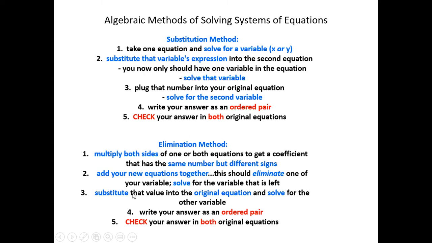Elimination: you want to get two variables that are the same but with different signs, and then you can add the equations together to eliminate one of those variables, solve for that variable, and then plug it back into the original equation to get both variables. Like I said, I'm not going to go through a big long explanation now, but you should be able to remember how to do that.